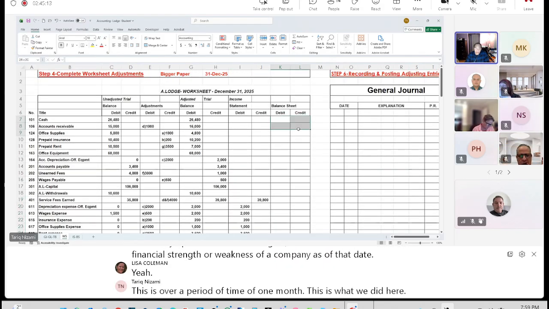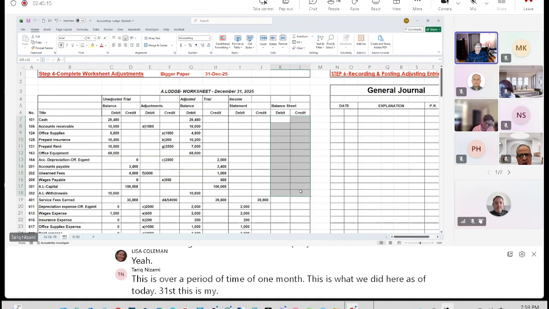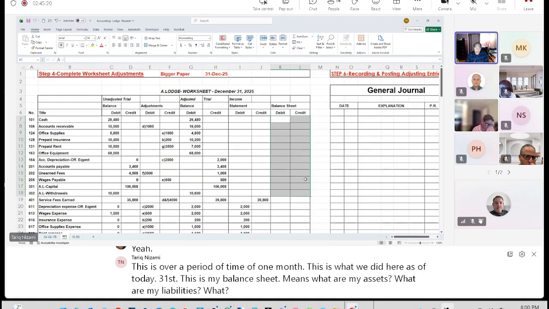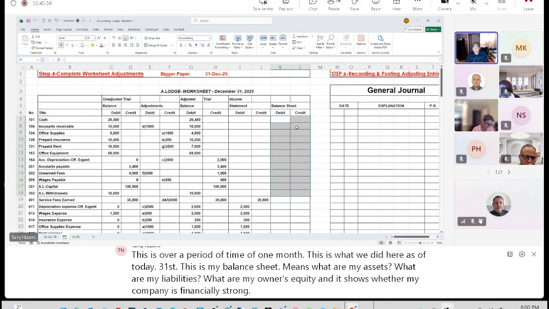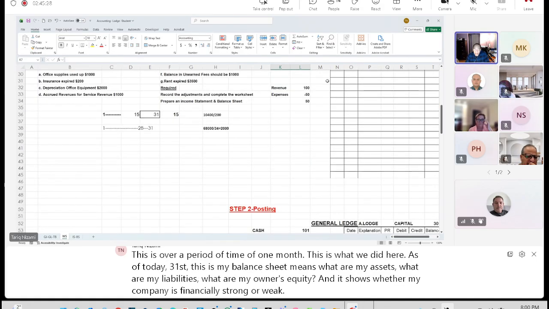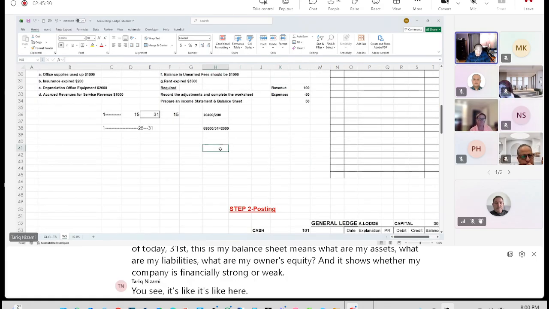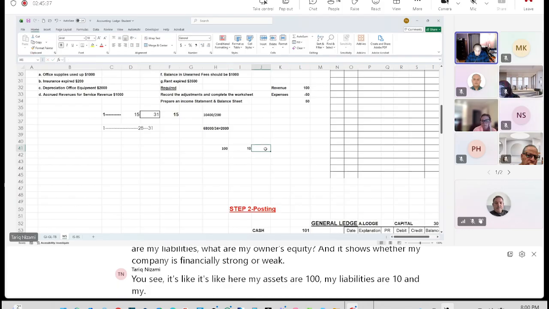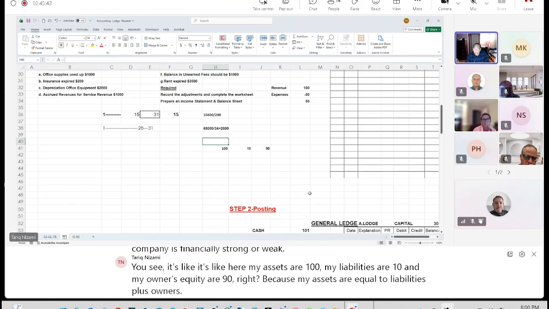Here, as of today, the 31st, this is my balance sheet: what are my assets, my liabilities, and my owner's equity, and whether my company is financially strong or weak. It's like here: my assets are 100, my liabilities are 10, and my owner's equity is 90, because assets equal liabilities plus owner's equity.